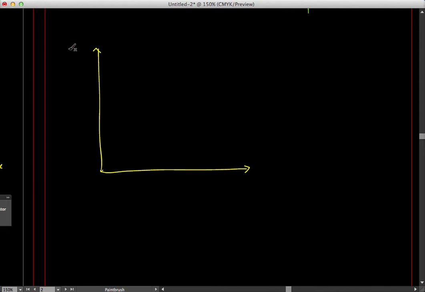Our y-axis would be measured in feet, because that's our height, and our x-axis would be measured in seconds, because that is our time. Then we can put 0 as our origin, and then we can go 4, 8, 12, 16, 20, 24.